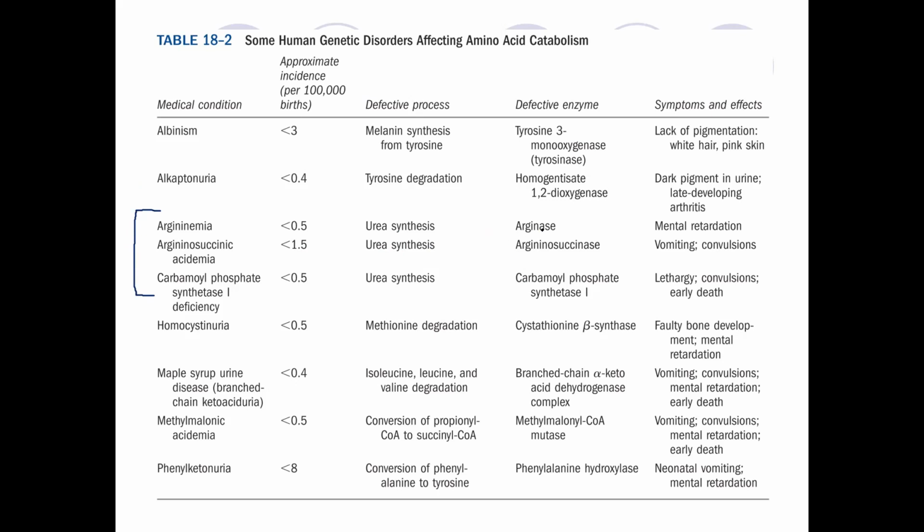So you have defects in arginase, defects in argininosuccinase or argininosuccinate lyase, defects in carbamyl phosphate synthetase 1. And all of these have very similar phenotypes, very similar readouts, early death essentially.